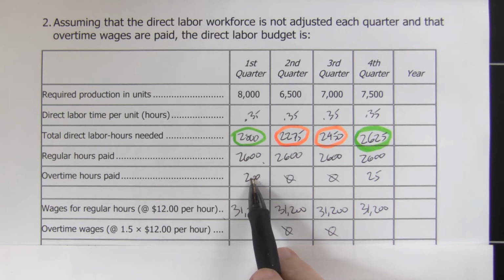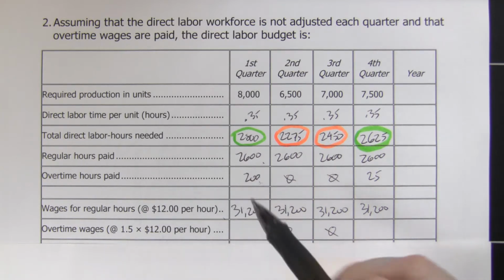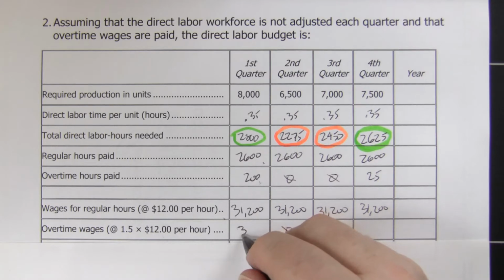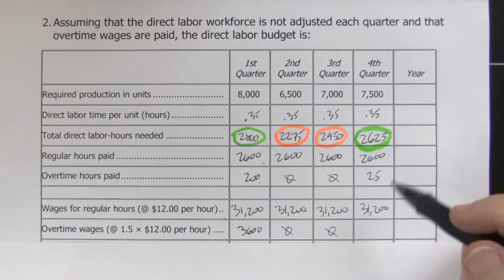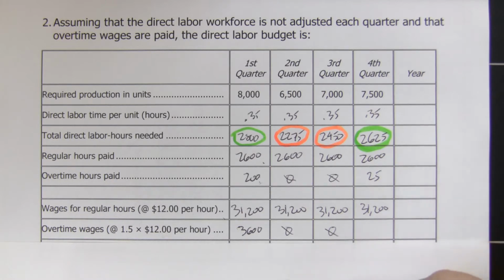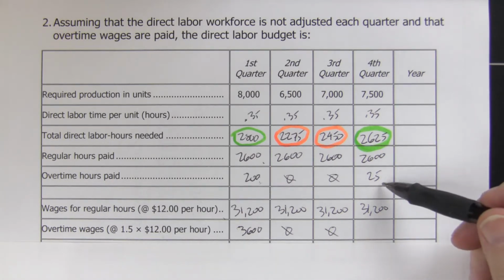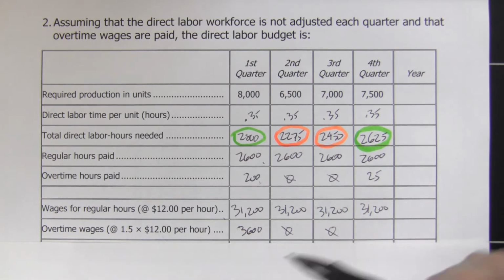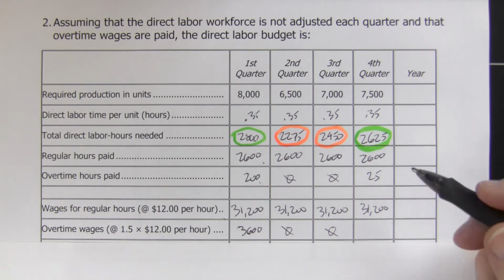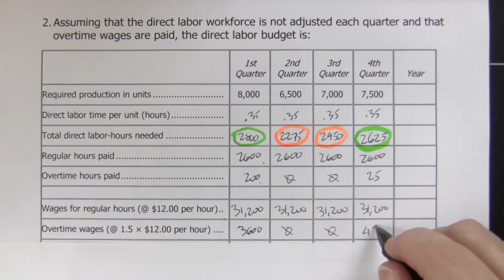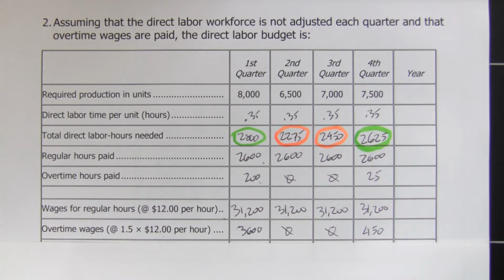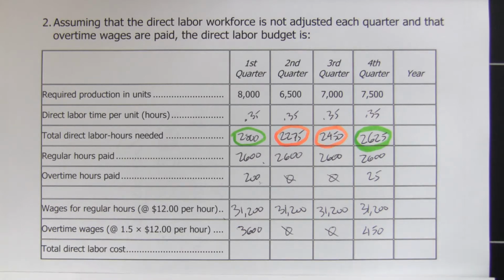In either case, you'll come up with exactly the same amount. $3,600 in overtime, and we'll do the same thing here. We'll either take 1.5 times 25 times 12 or 25 times 18. Either way, it comes up with exactly the same amount, $450 overtime for that period.